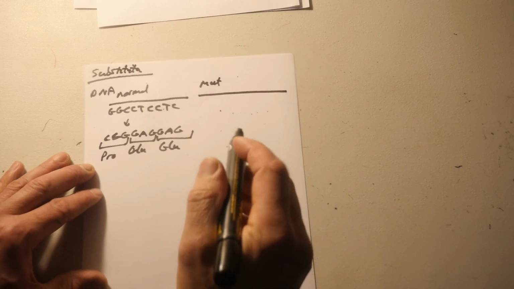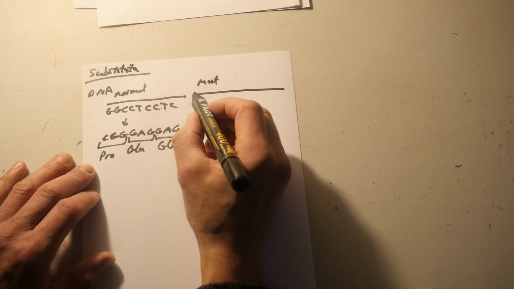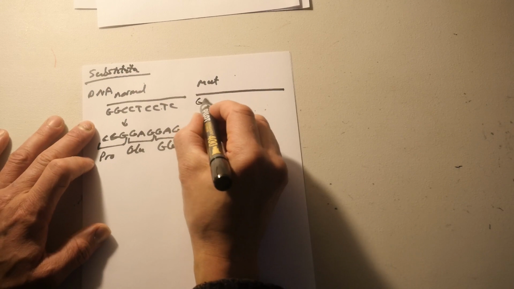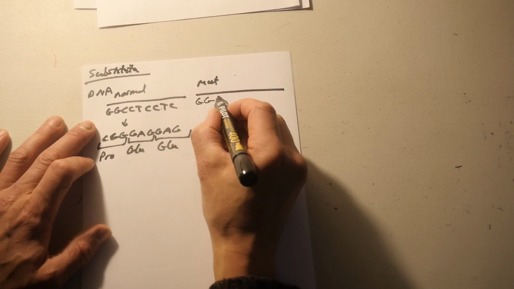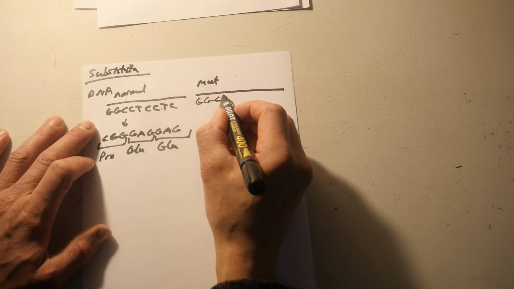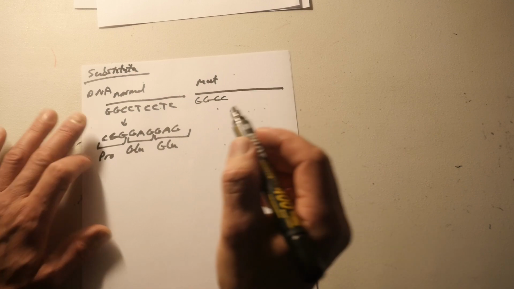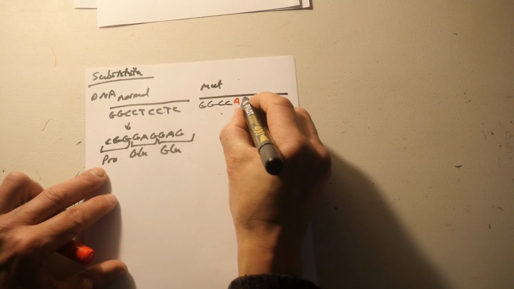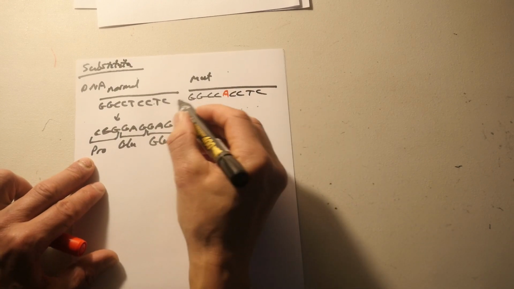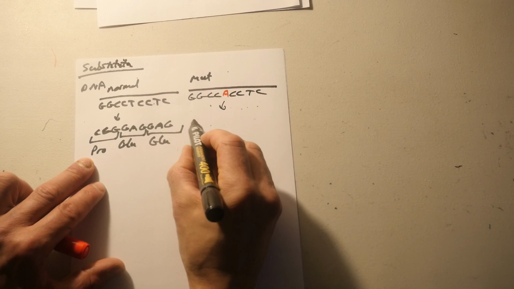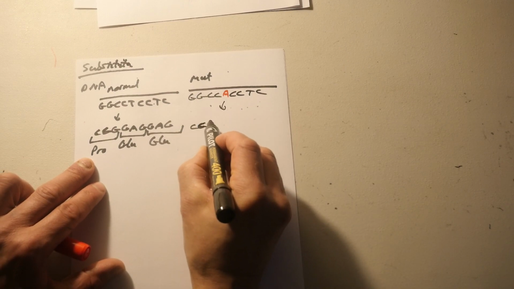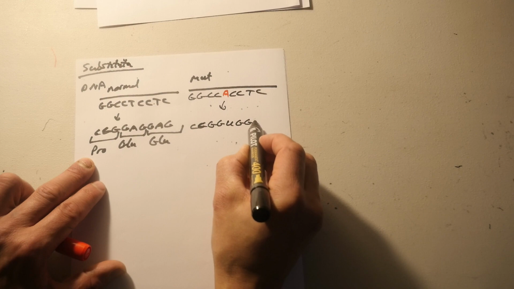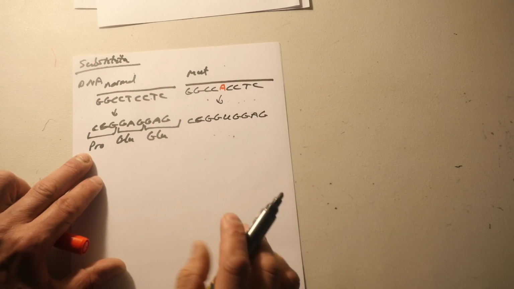But when there's a substitution, if you write this as G, G, C, C, you've replaced the T with A, and then C, C, T, C. So this results in the messenger RNA being C, C, G, G, U, G, G, A, G, okay?